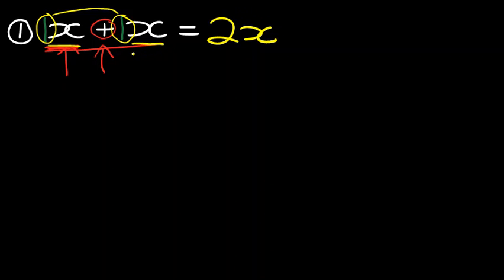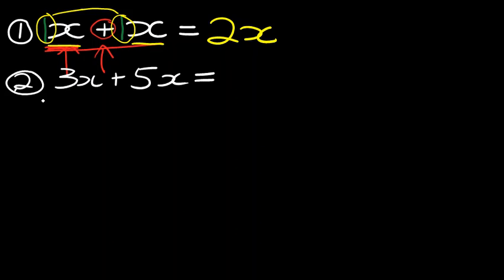Okay, but let's do another example to see exactly how we do these type of sums. The second example will be 3x plus 5x. There we have 3 plus 5, and that is 8, and you have an x.